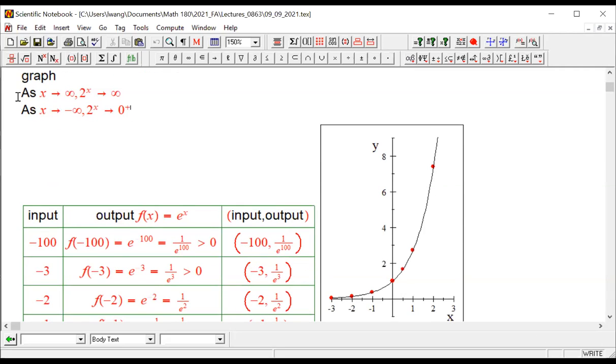The first line means as the input gets larger and larger, the output is getting higher and higher. And when the input is getting smaller and smaller, the output is getting closer and closer to 0.